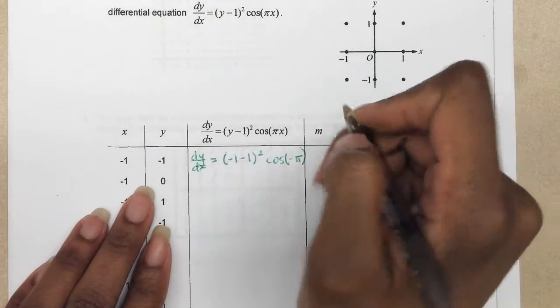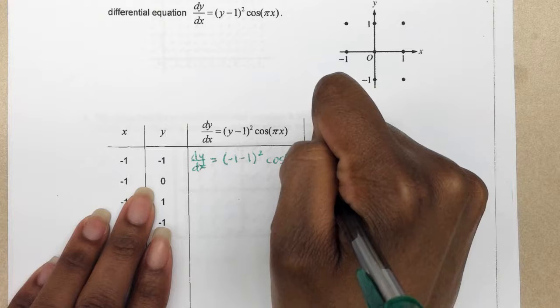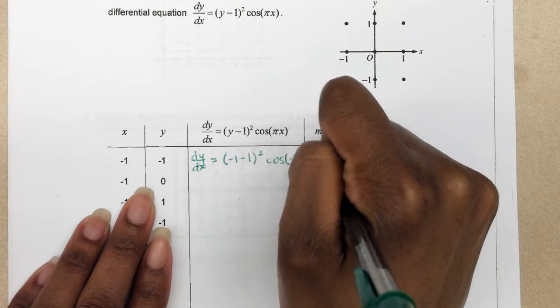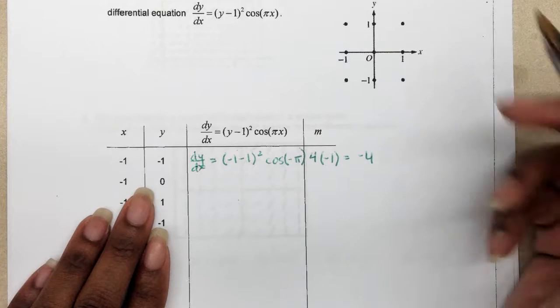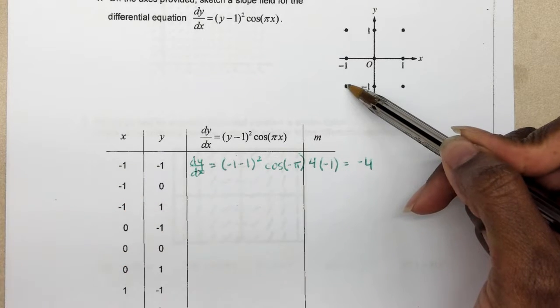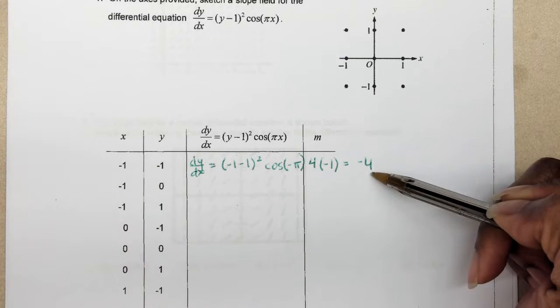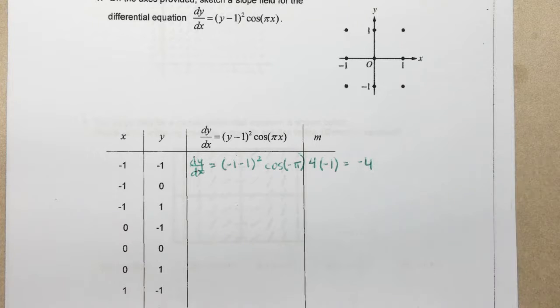And when we do that, we'll get 4 times -1, which is -4. So the slope at (-1, -1) is going to be -4.